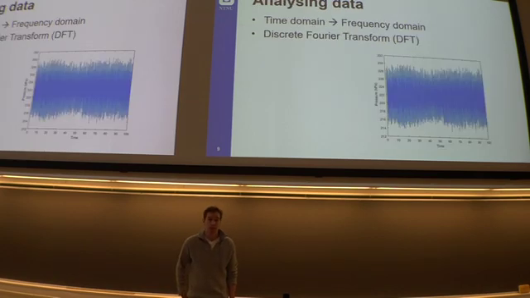If you plot the signal that we measured, we get this graph, which is in the time domain. As you see, it's very difficult to read anything from this. So we want to transfer it into the frequency domain, and this is done using a discrete Fourier transform.